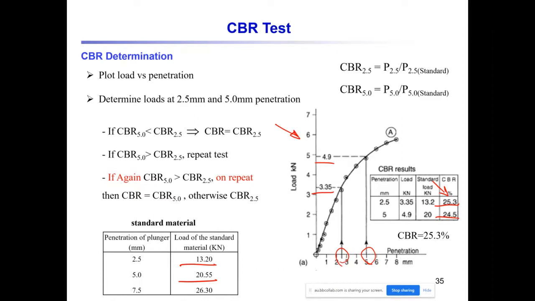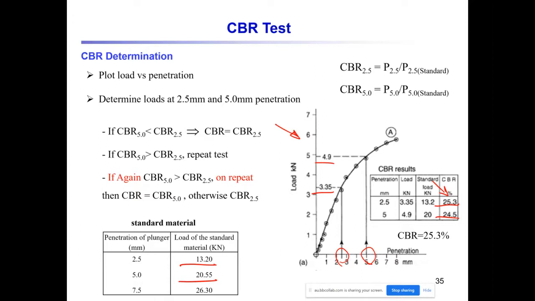It is maybe because of testing error. The reason I say this must be an error is that generally the CBR value, the strength or the load level, is increasing with depth, but this increase is not that significant.